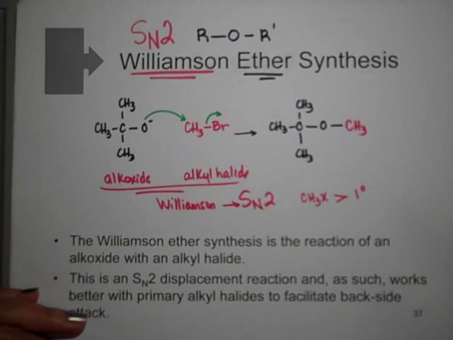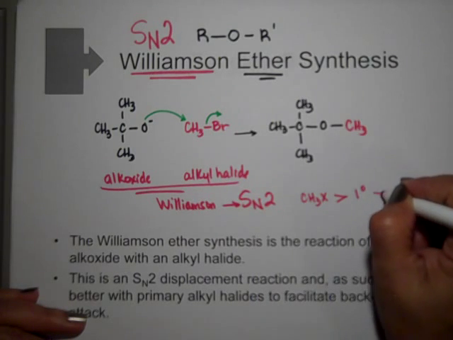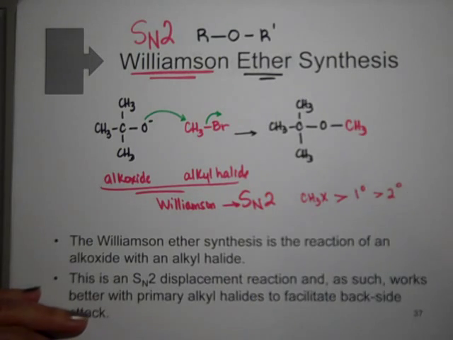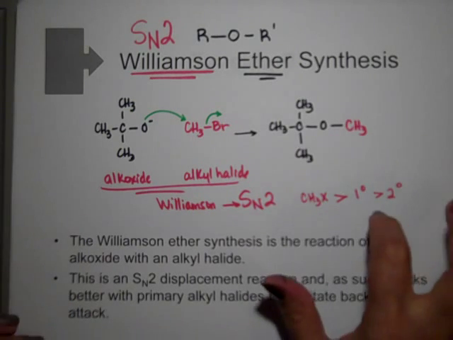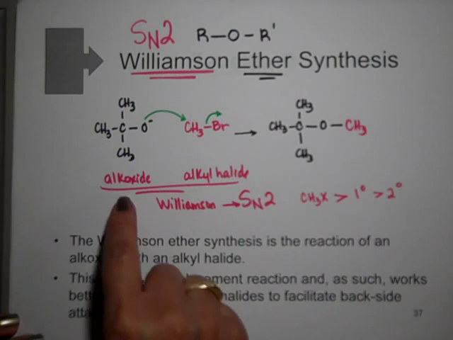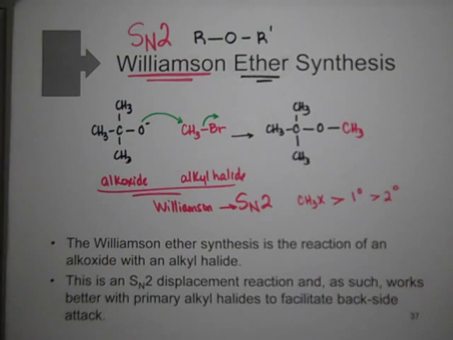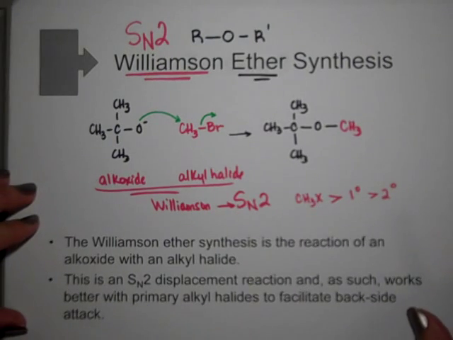Unhindered primaries are much better than hindered primaries, which have other groups close by. And primaries are way better than a secondary. So you have to remember this, the SN2, the alkoxide, and the alkyl halide, because now I'm going to show you a problem. This is the last slide.